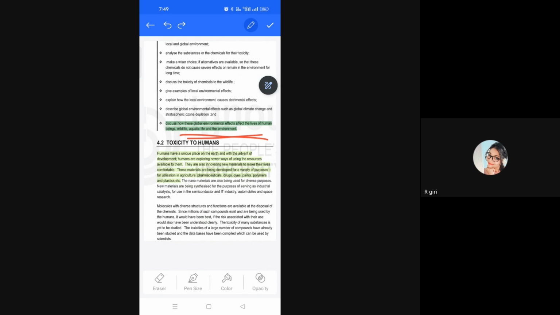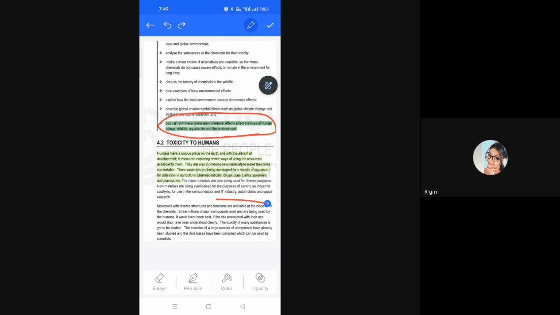This may be a long question for the coming exam. You should remember it and explain the toxic effect on humans. Same question: human beings, wildlife, aquatic animals, and environment. First, the environment will be affected, then all of us, plants and animals, are present within this environment.